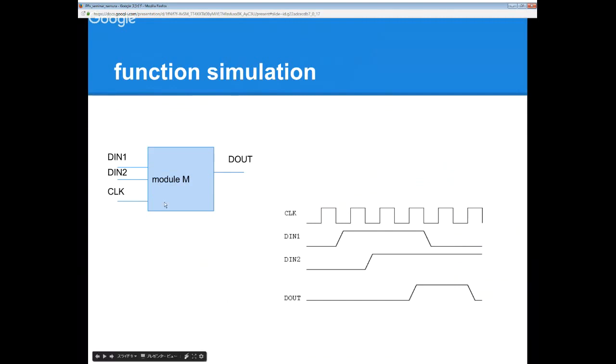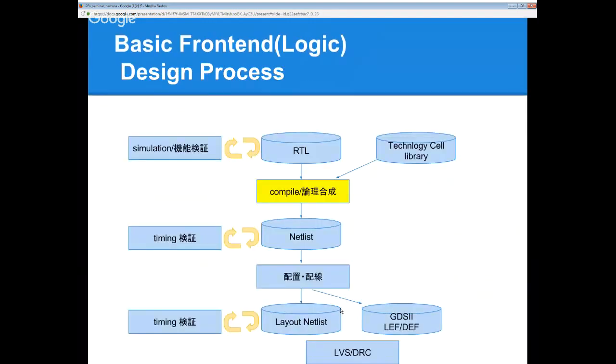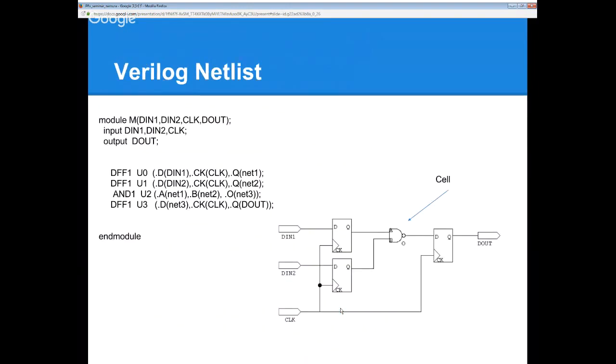Usually we use Verilog HDL code to describe the test input stimulus, and also describe the expected value. Then when we finish writing the RTL code, we do the compile, logic synthesis. Then we will get this kind of netlist.